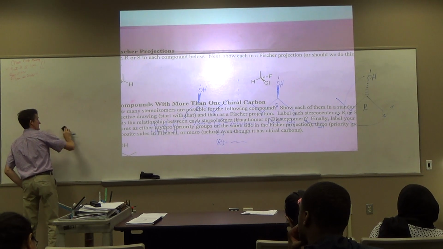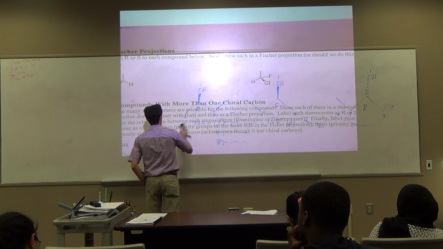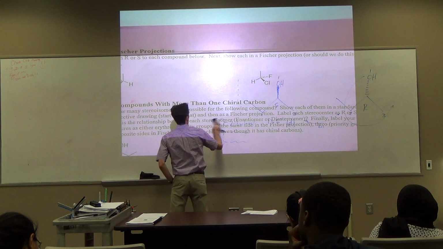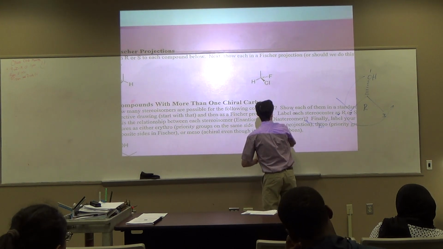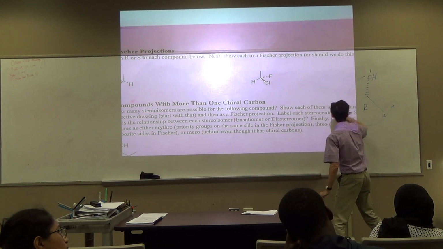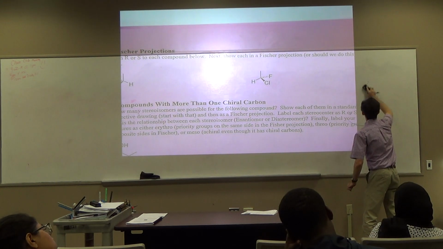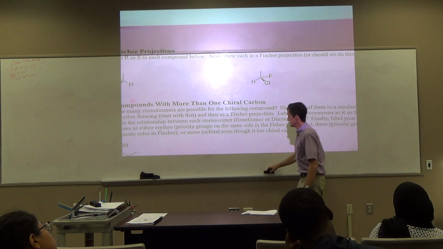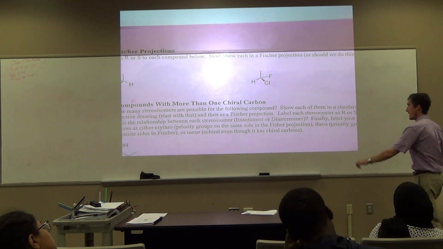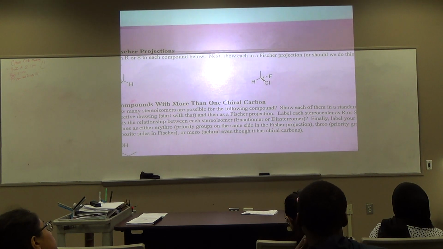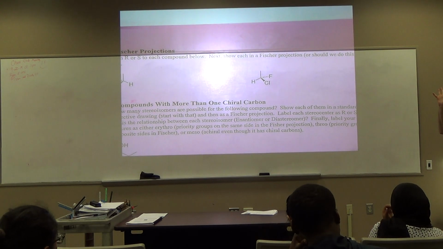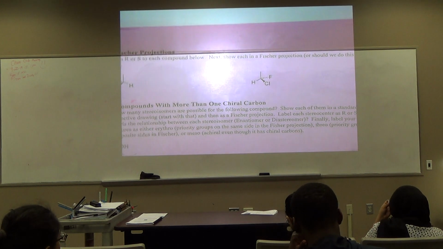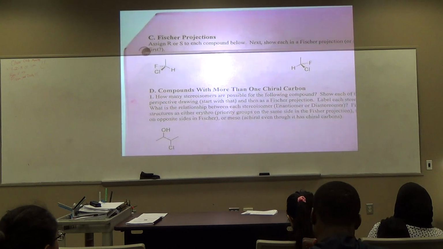A stereochemical descriptor is the only way to distinguish stereoisomers, because otherwise they have the same name. All those on the board were 2-butanol. It's like these hands. They're both called hand, but one's called right hand and one's called left hand. Right and left is a descriptor.